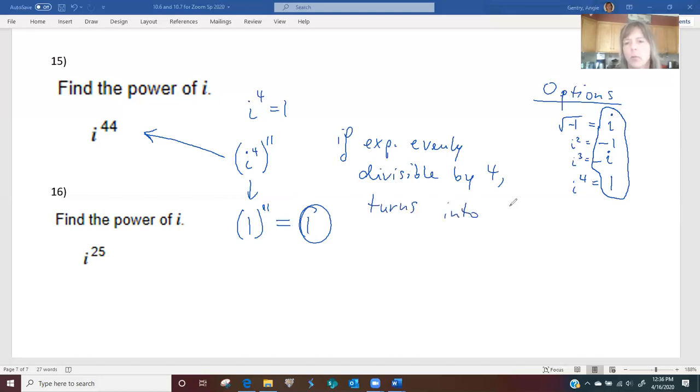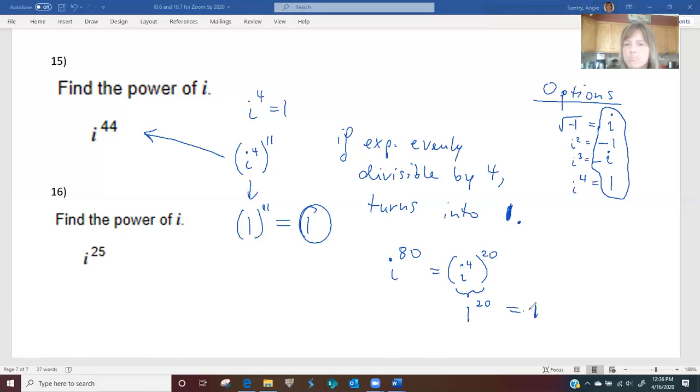So let me show you another one before I move on. Into 1, not 1i, but just 1 as a final answer. Okay, so what if I have i to the 80th? I could write that as i to the 4th to the what? And you're going to say 20, right? And then I could say i to the 4th is a 1, and 1 to the 20th is what? 1 times itself 20 times is still a 1.